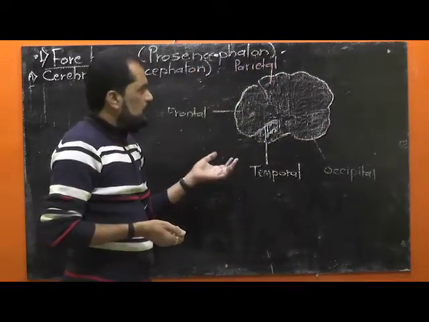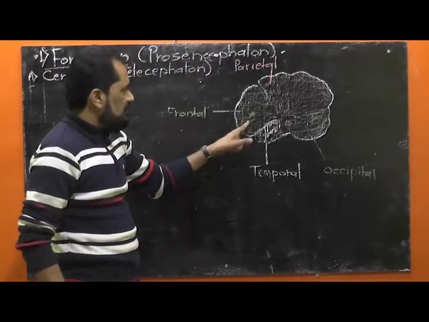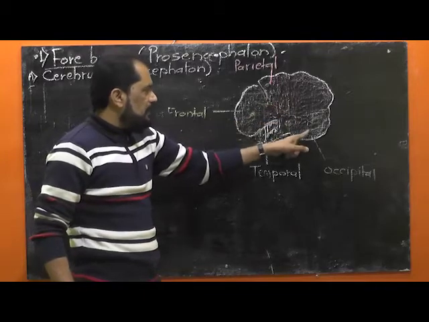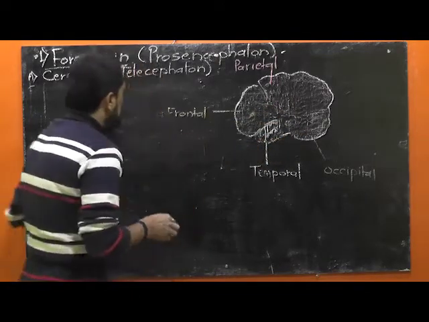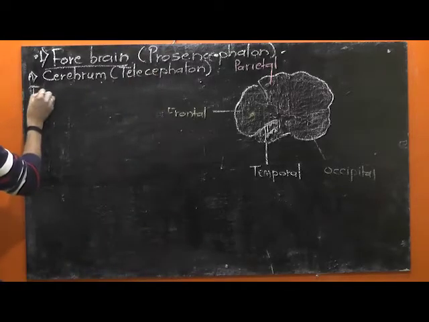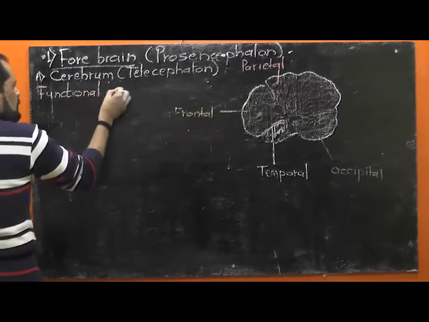I have shown with the help of different colors the different lobes, such as frontal lobe, parietal lobe, occipital lobe and temporal lobe. Let us talk about the functional areas, functional centers present on those different lobes.